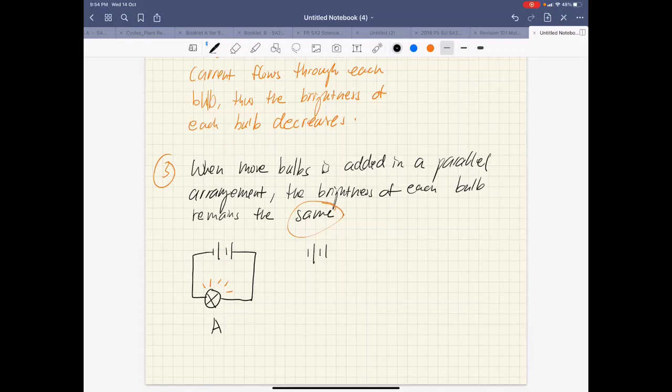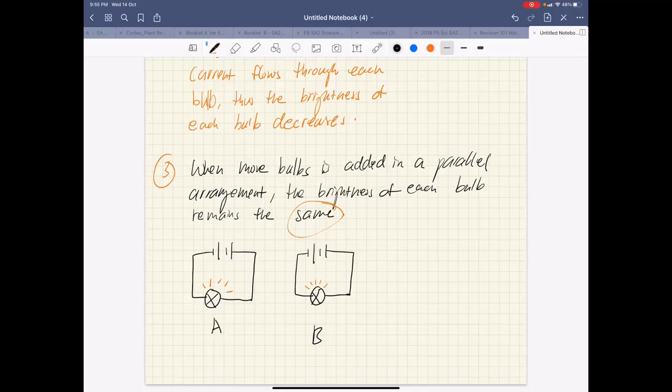So let's just say I'm going to add one more bulb. Before I add that one bulb, I'm just going to have one bulb. So circuit A and circuit B are exactly the same. The amount of brightness, given the voltage and number of batteries, everything else being the same, is going to be 5 rays of light as well.